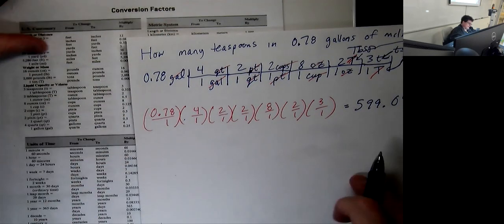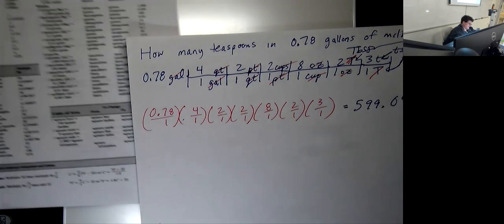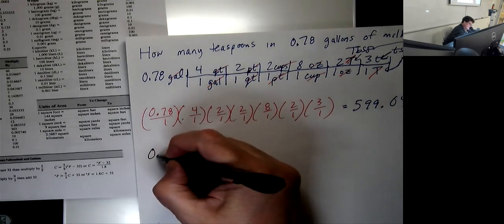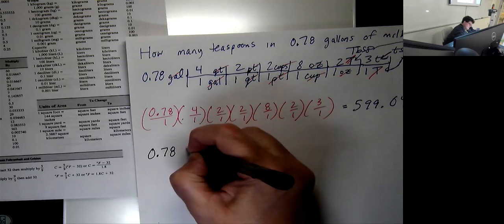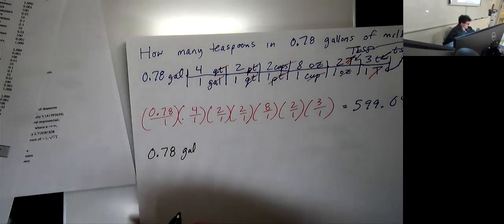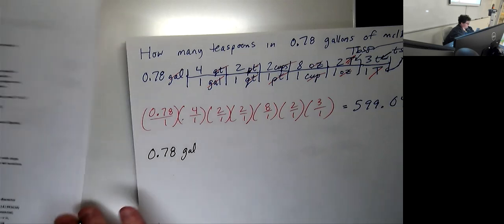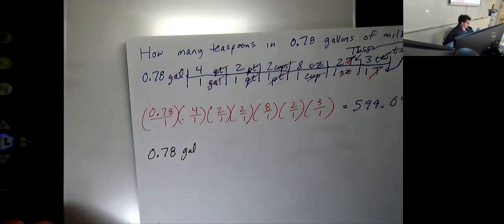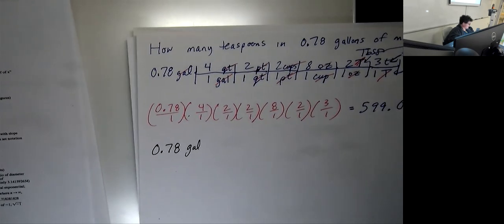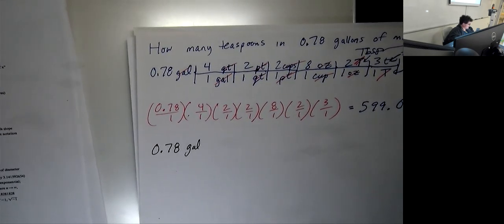Okay, so while people are still verifying that, let's talk about the route Mason was looking at. I was just looking at the first sheet, the front page. It's got gallons. I didn't even do gallons.